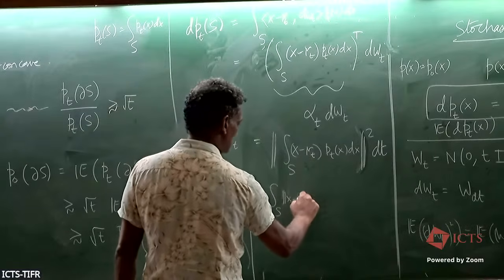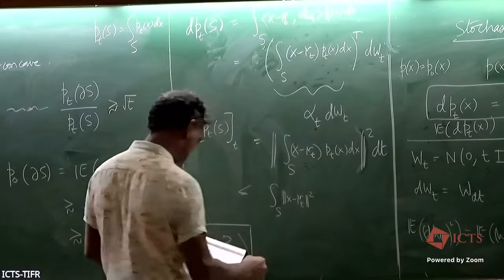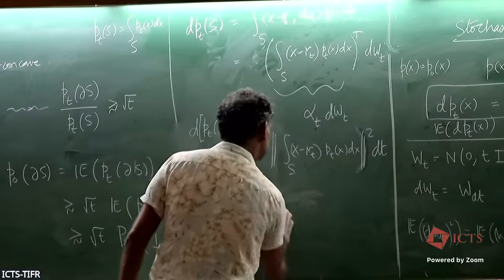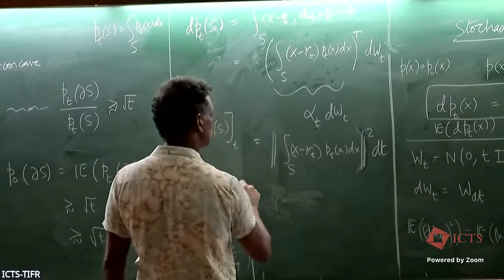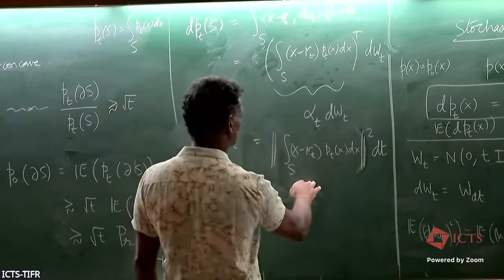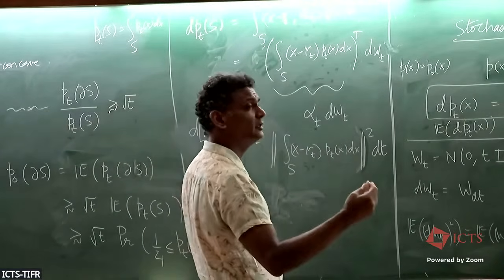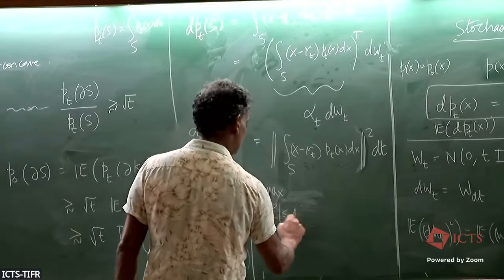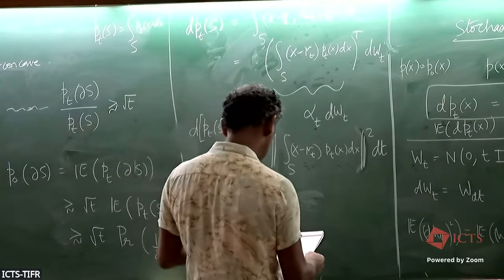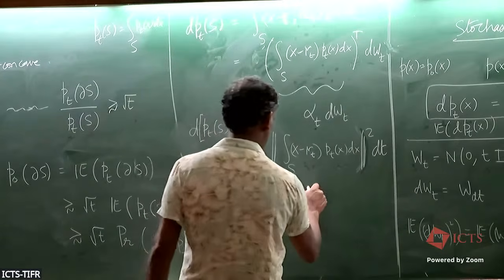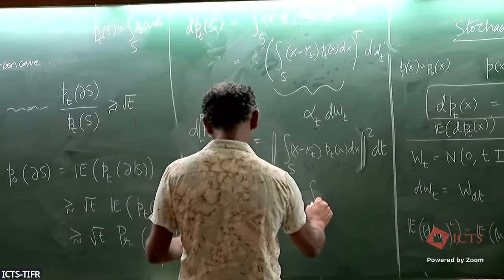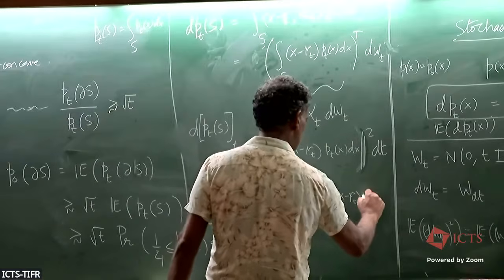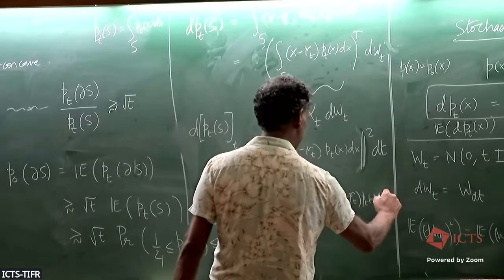First, let's write this: this is the length of a vector squared, so I can think of it as the maximum over unit vectors zeta of zeta transpose (x minus mu t) pt of x dx. I just took it inside, squared still.